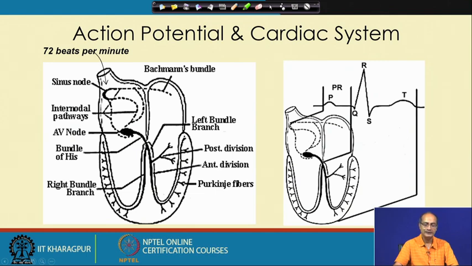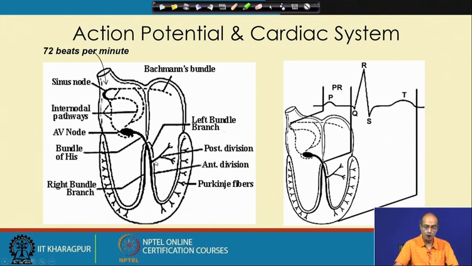Once that transfer is complete, the AV node releases the signal and gives it to a thick bundle of nerves called the bundle of His. This bundle of His branches out into two branches, the left and the right bundle branch, and they are connected with smaller nerves called Purkinje fibers.